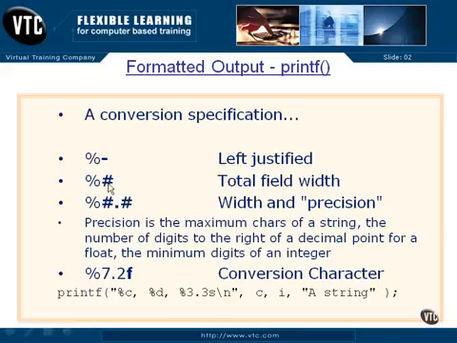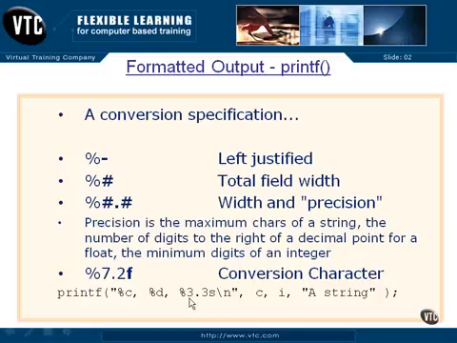So the first number is the total field width. Then if there's another one, there will be a dot between them. We'll have a dot, and then the precision. Now the precision means different things to different kinds of variables being passed in here, different kinds of values. If it's on a %s, then that's the maximum characters of a string to be printed. So here we have %3.3s.